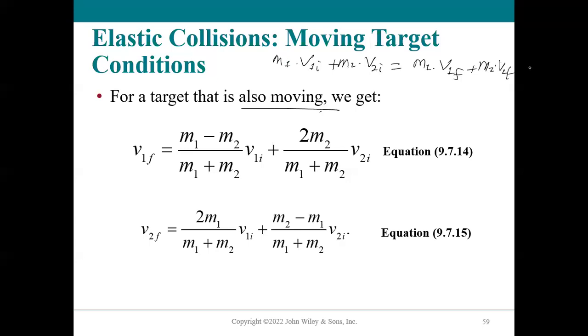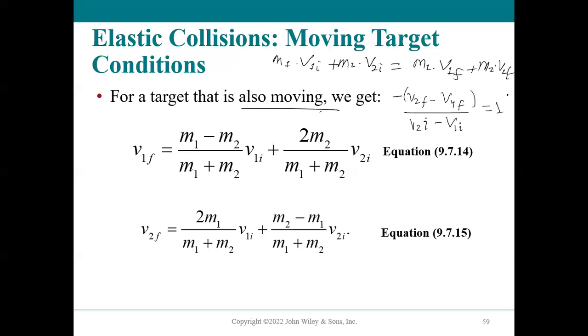From the kinetic energy, we also know that for an elastic collision, minus (v2 final minus v1 final) divided by (v2 initial minus v1 initial) is equal to 1.